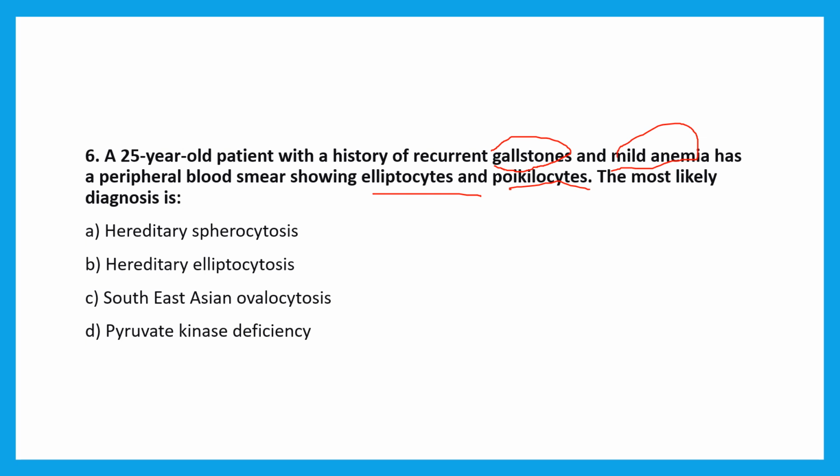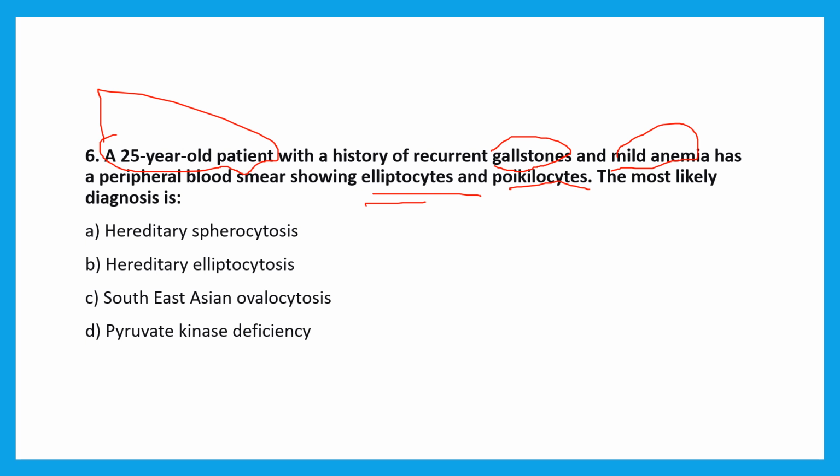So when you look at this, we are dealing with a 25-year-old patient who is still in their adult age. And then when you look at the spherocytes on the blood smear, this is a diagnostic feature of hereditary spherocytosis.